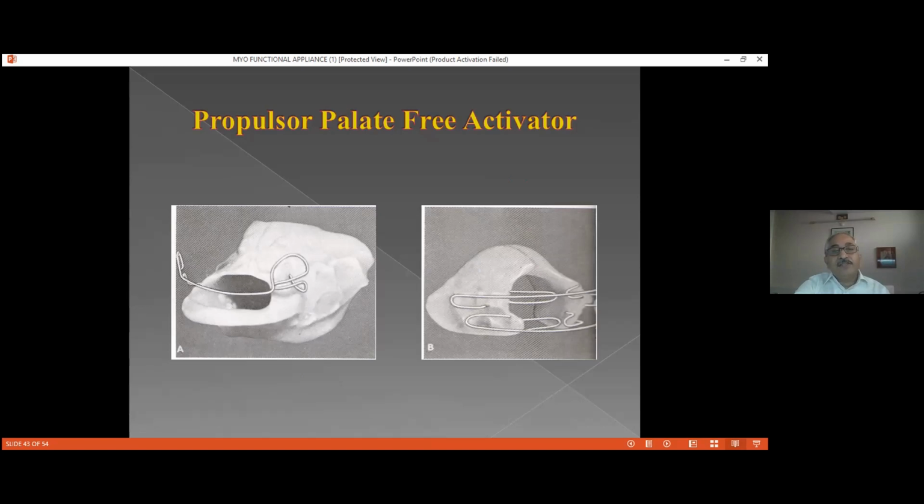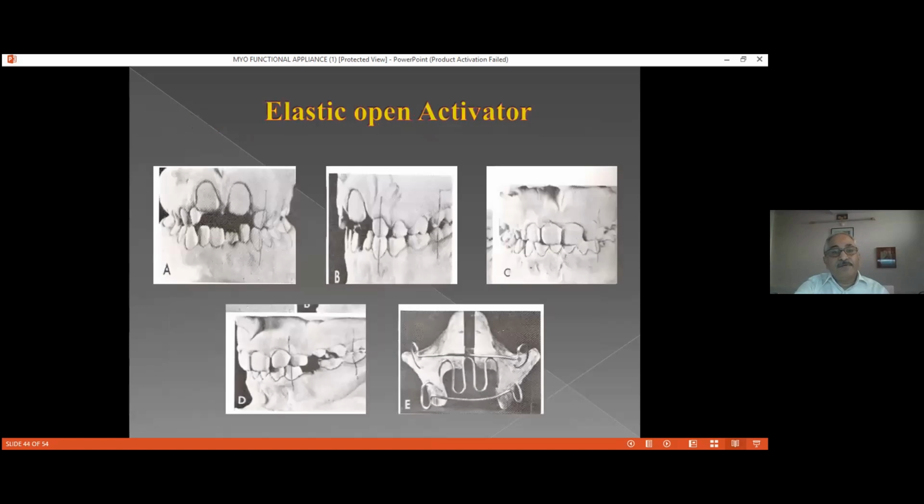These are certain modifications of the activators which were given. Now there are expansion screws incorporated for expanding the arches, and this grid has been incorporated as a habit breaking appliance simultaneously into the elastic open activator.